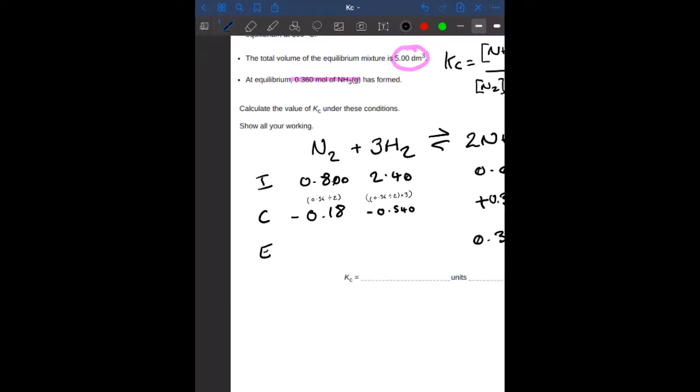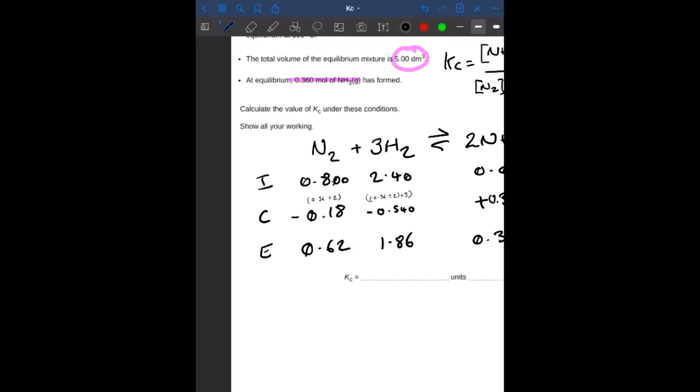So those are the changes. Nice and easy. 0.8 minus 0.18 gives 0.62, and 2.4 minus 0.54 gives us 1.86.